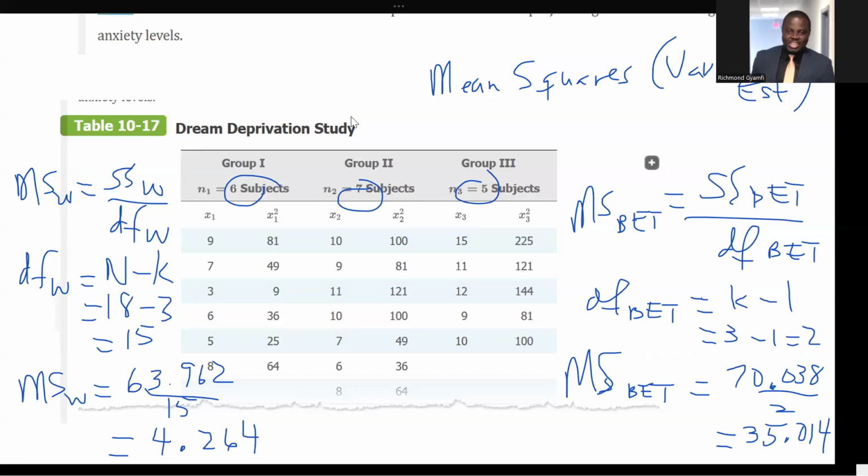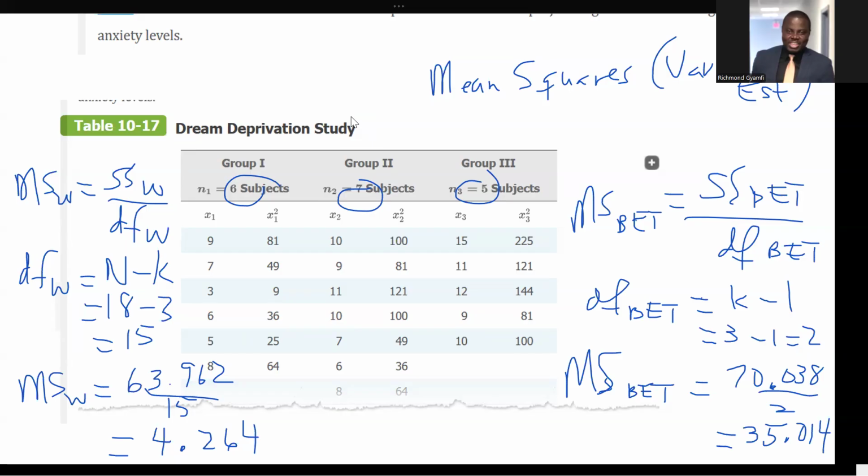Now, what do you do with the variance estimate? Remember, with all these, we are trying to get to the F statistic or F ratio. And then when we find that, we find a p-value and make a conclusion.